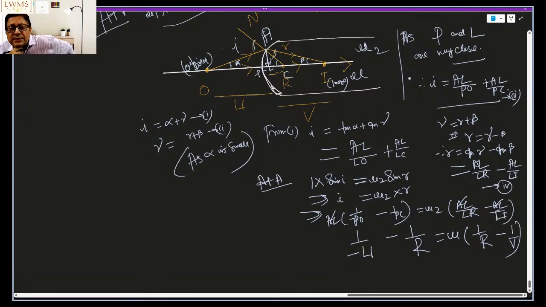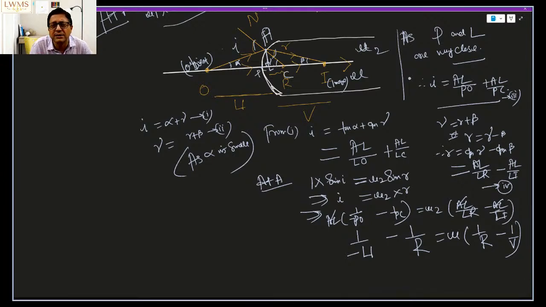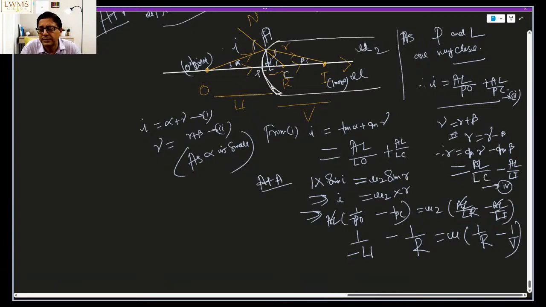For a convex spherical refracting surface, PO is negative and R is positive along the direction of light. How did I get LR? Tan gamma is AL by LC, extremely sorry, and tan beta is AL by LI.